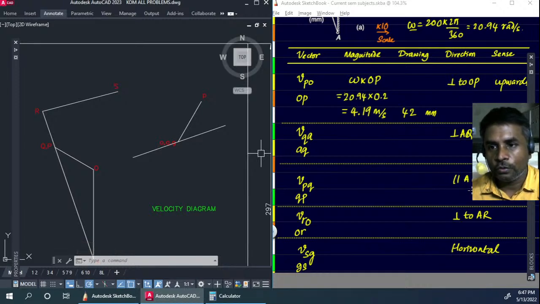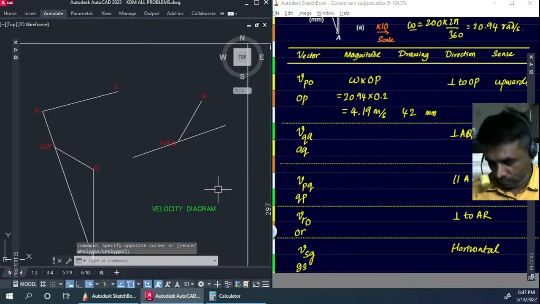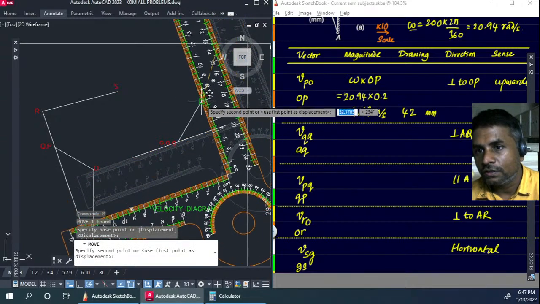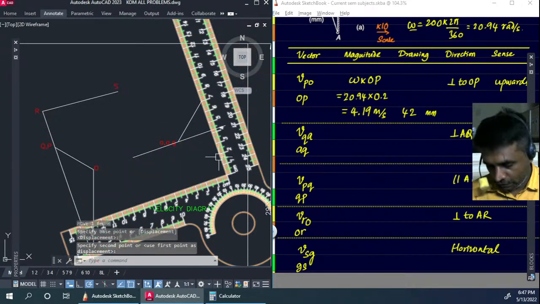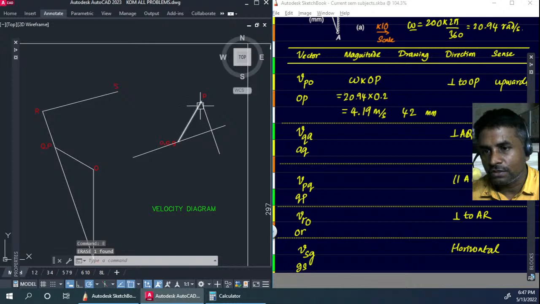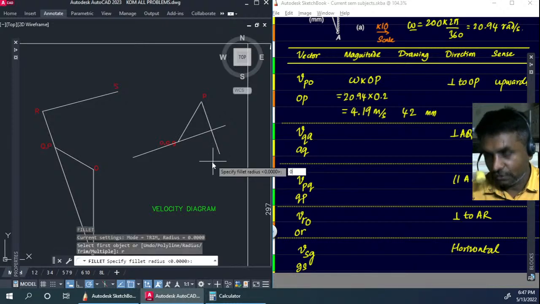Next one, I'll have to draw parallel to AQ. So I'll just take the same, and I will just move it so that it comes out parallel to this. At this point, I know that my intersection point has got to be in the downward direction. So I'm just going to draw in this particular direction.